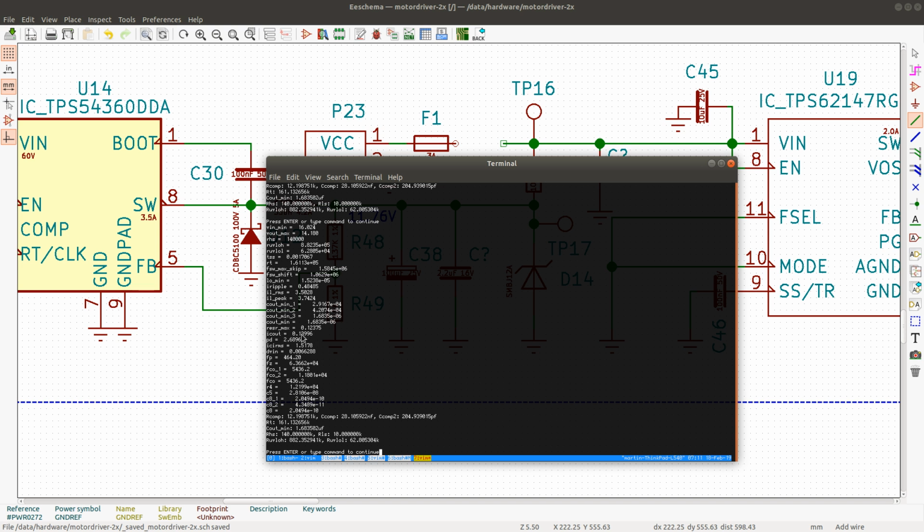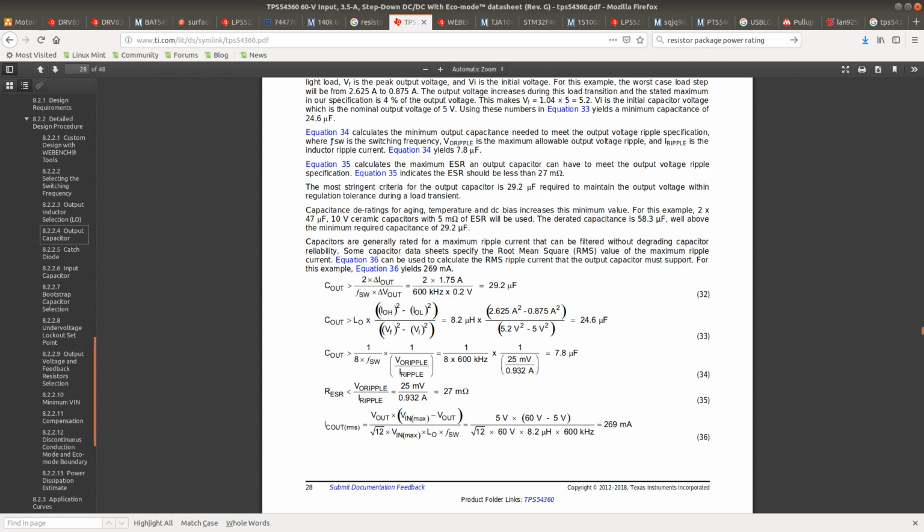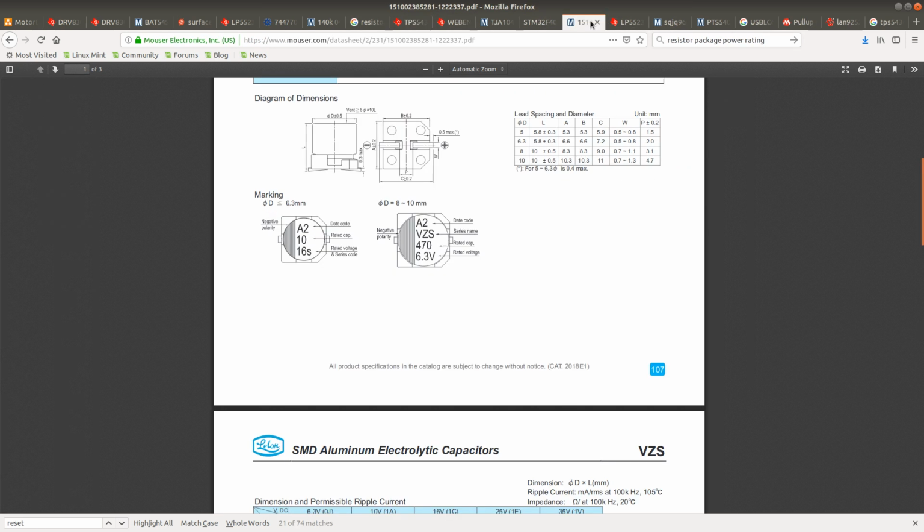And the ripple current is 139 milliamps, which is good actually, because let's see what we had here. Where did I have this capacitor? There.